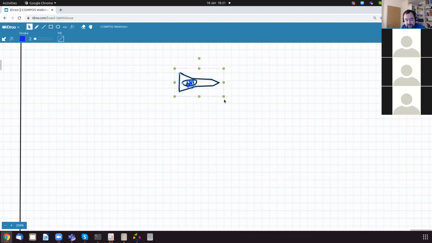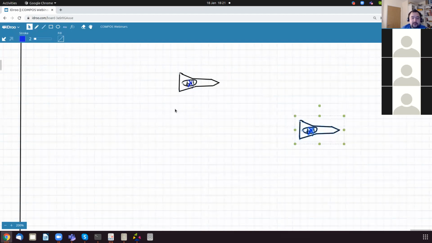I'm going to be a little bit lazy and I'm going to draw it here. The fuel moves to the left, and the rocket moves to the right.